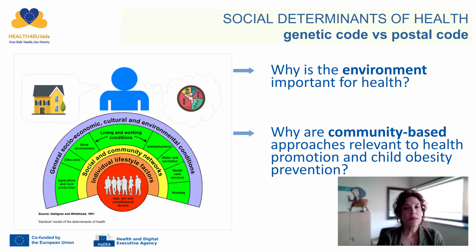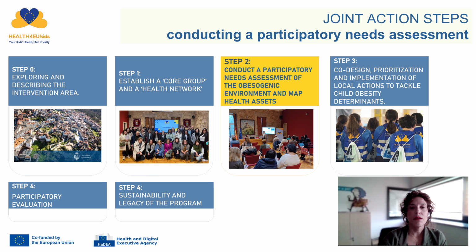That's why our community-based approach is very relevant to health promotion and child obesity prevention, because by changing this obesogenic environment, we can change their quality of life and prevent this obesity. If we follow the steps of the project, in step 0 we decided the area of intervention. Then we established a core group and a health network.